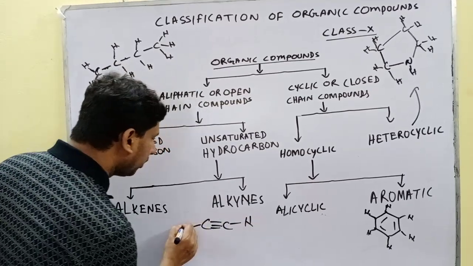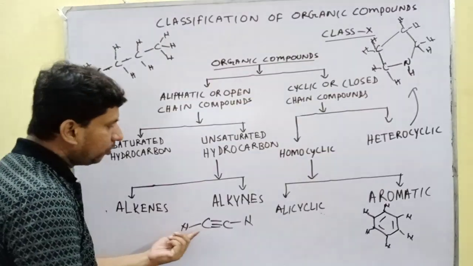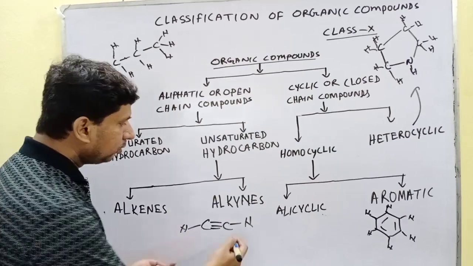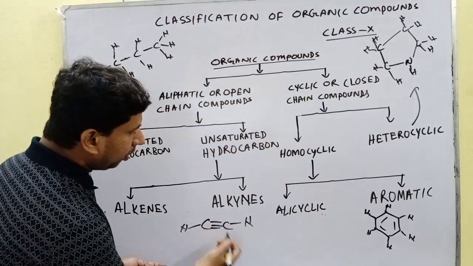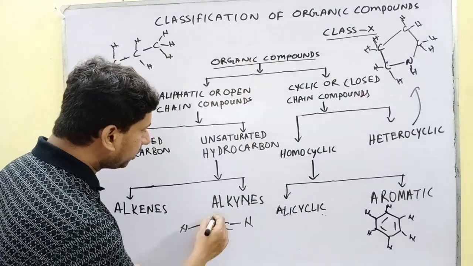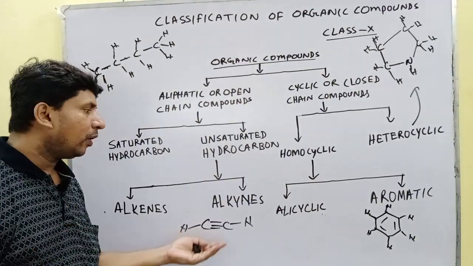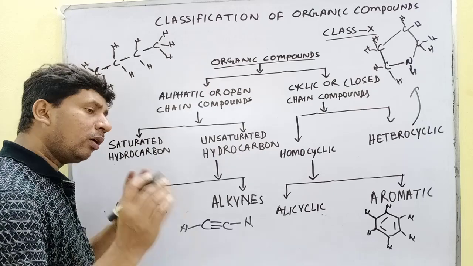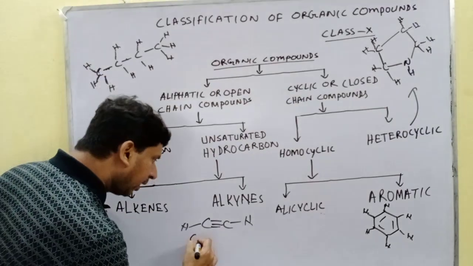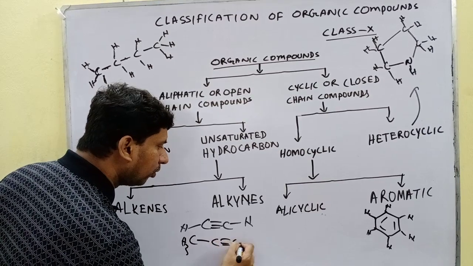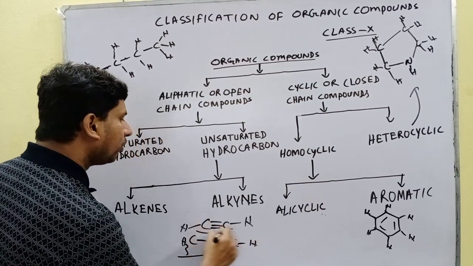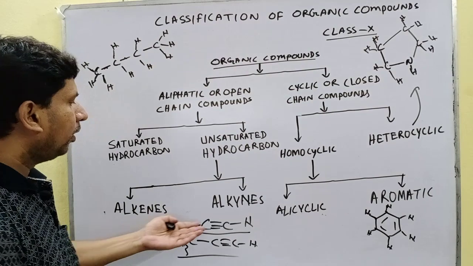If it is a triple bond, then there will be only one carbon-hydrogen bond on this carbon, because between the carbons there is a triple bond. So this triple bond containing compound is an alkyne. We may take another example, carbon triple bond carbon. It is known as acetylene or ethyne.